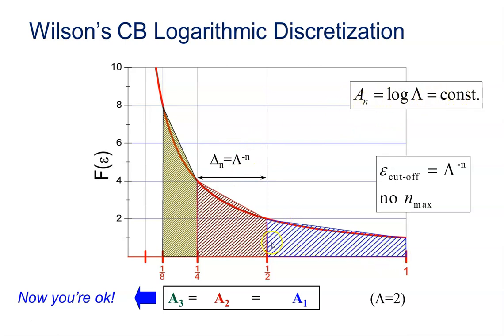And you can convince yourself that this should do. So if I have 1,000, the last area that I'm missing is just a log of 2 here. So I'll have a much better chance of capturing this integral numerically than if I do the other approach of regularly spaced intervals.